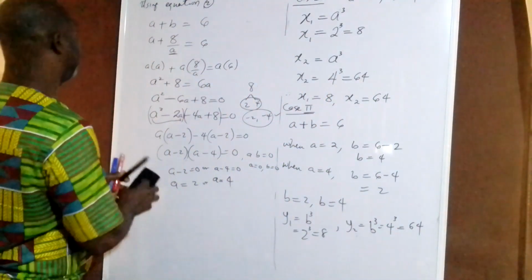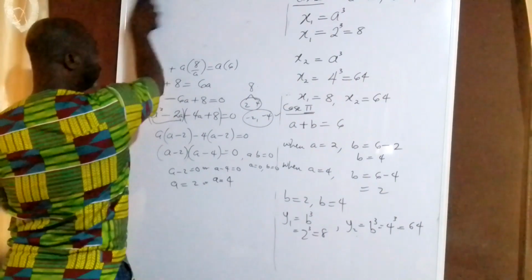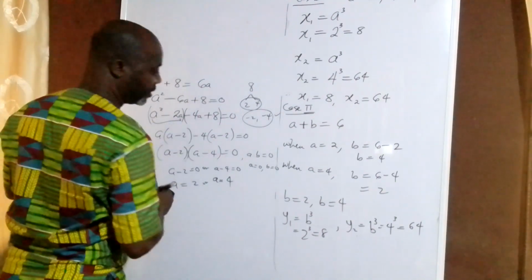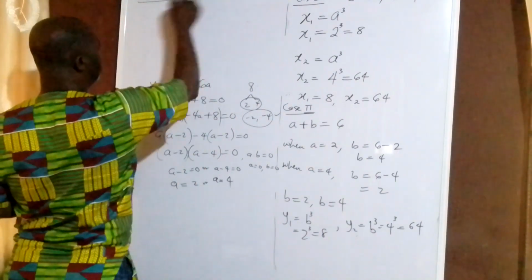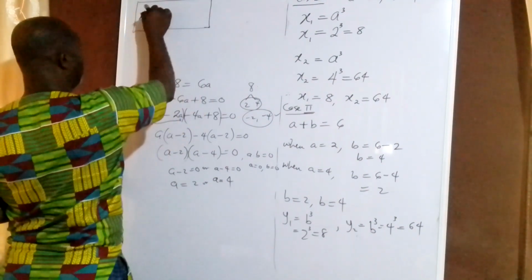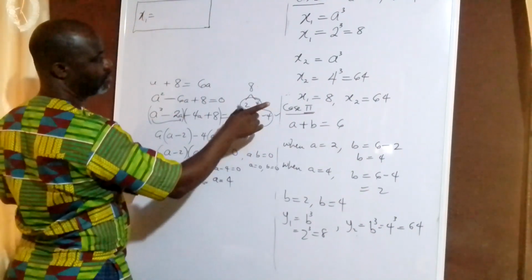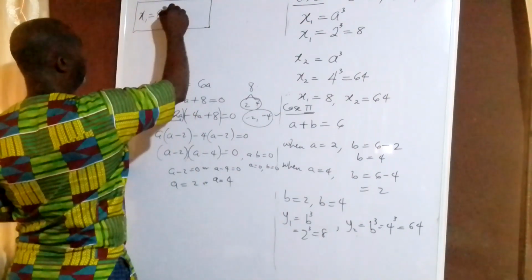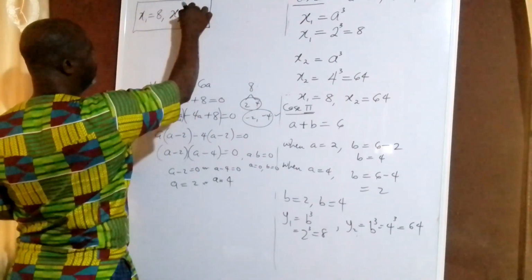So finally now, for the two cases, we have x1 equal to 8 and x2 equal to 64.